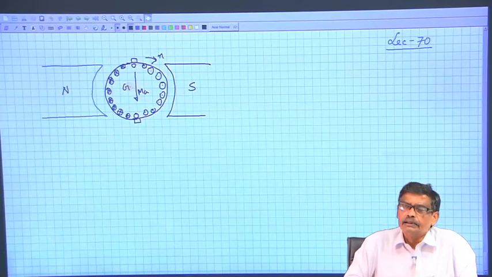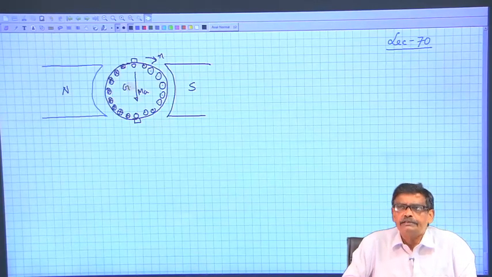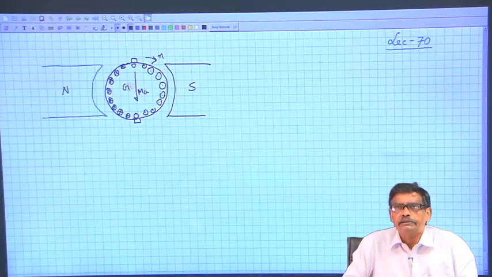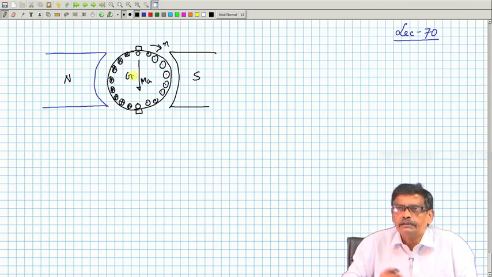Now, while studying the induction motor, all of us know that suppose it is a slip ring induction machine. How do I access the rotor terminals? Rotor terminals of a slip ring induction motor are accessed by a slip ring and brush arrangement.